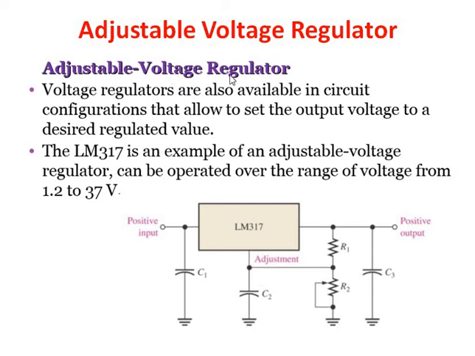Adjustable voltage regulators are available in circuit configurations that allow us to set the output voltage to a desired regulated value. Suppose 7805 produces 5 volt positive output, and 7806 produces 6 volt output.